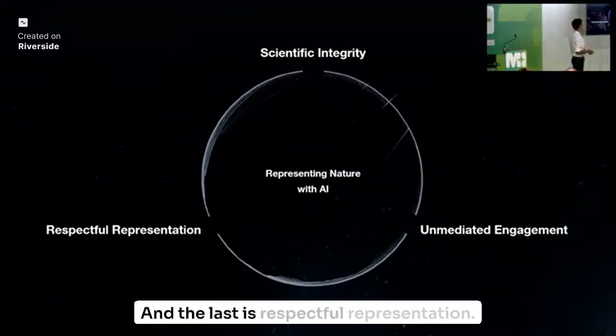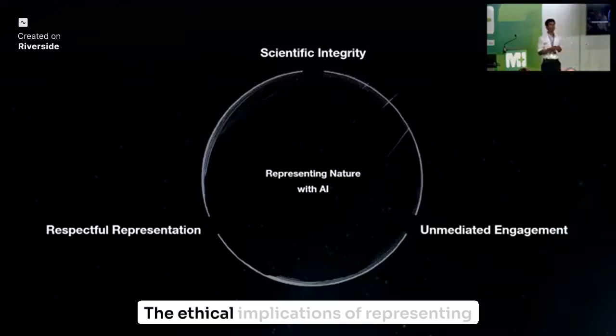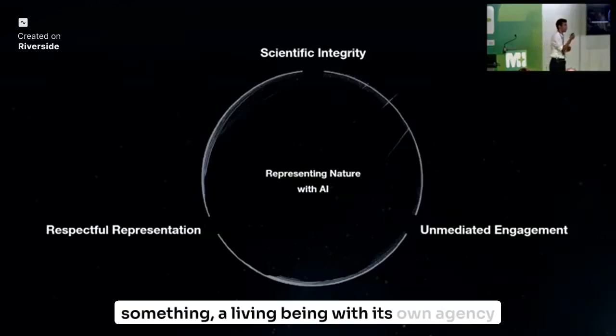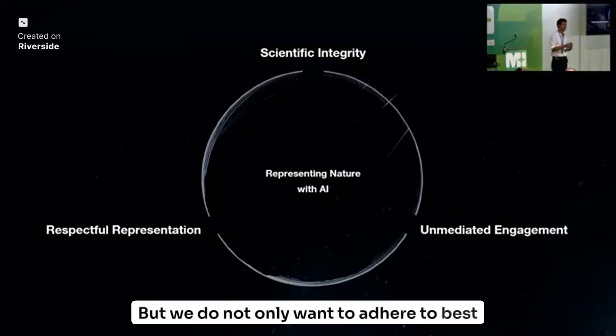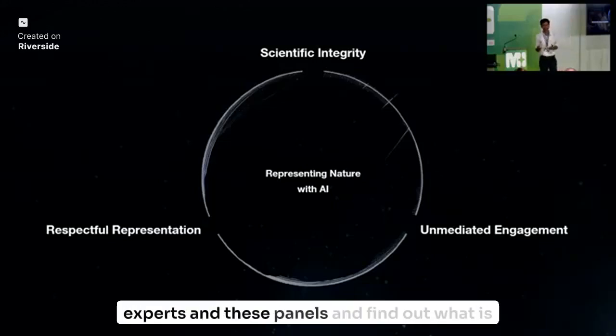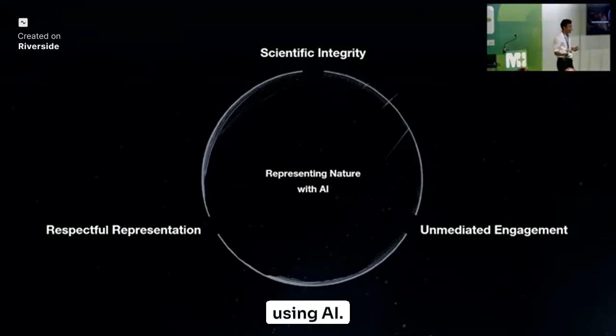And the last is respectful representation. The ethical implications of representing something, a living being with its own agency, are not lost upon us. But we do not only want to adhere to best practices in this field, we actually want to pioneer it. So what we want to do is bring together interdisciplinary groups of experts and panels and find out what is the most ethical way of representing nature using AI.